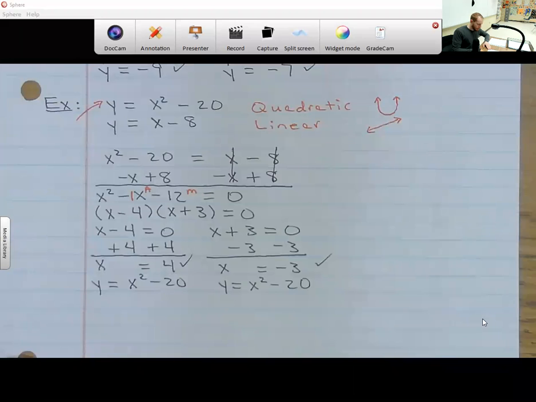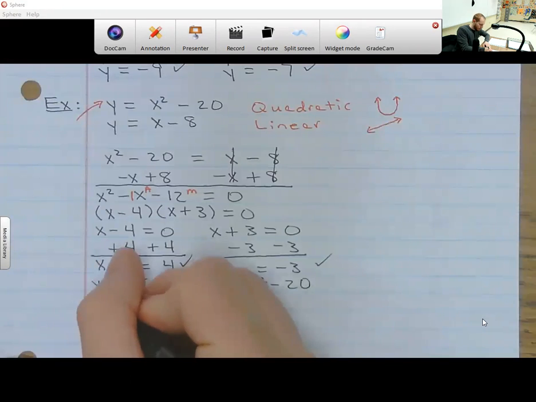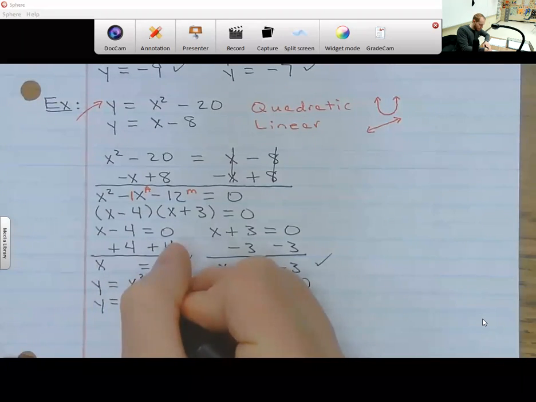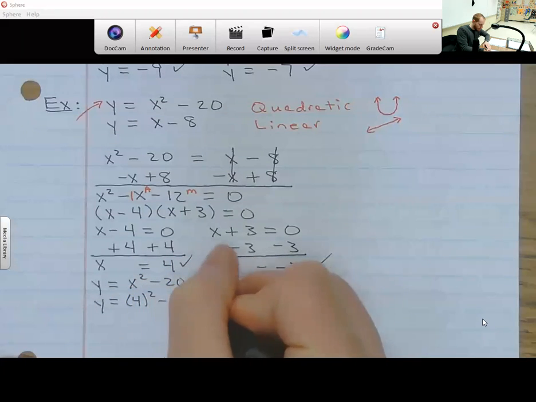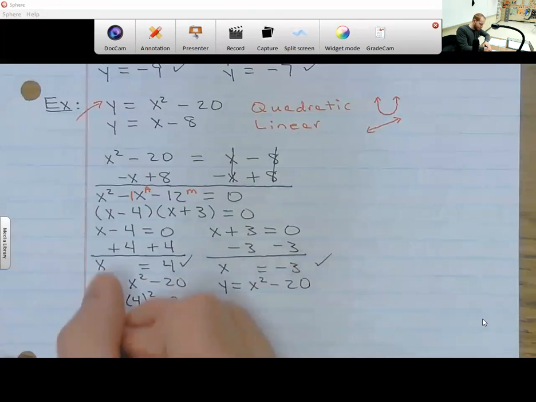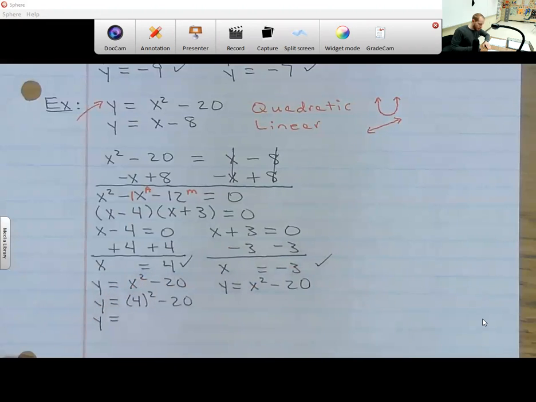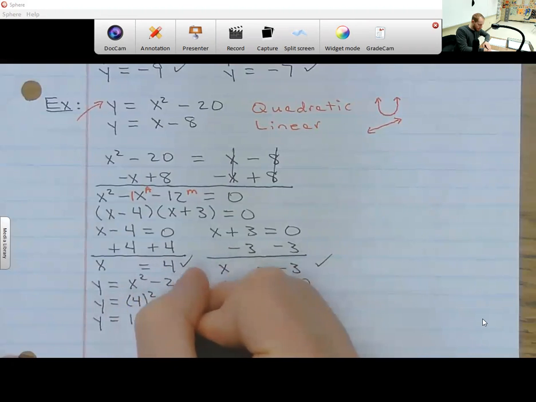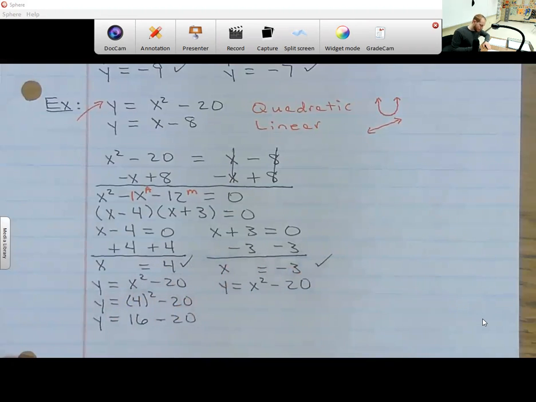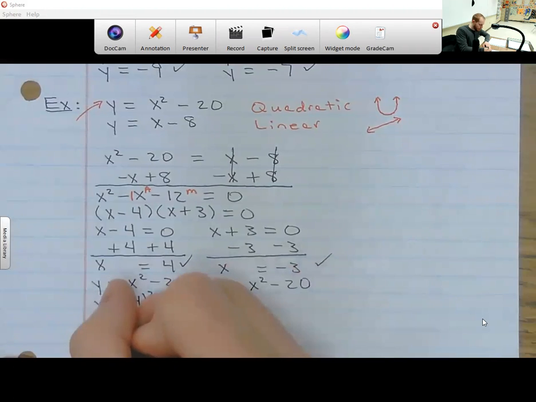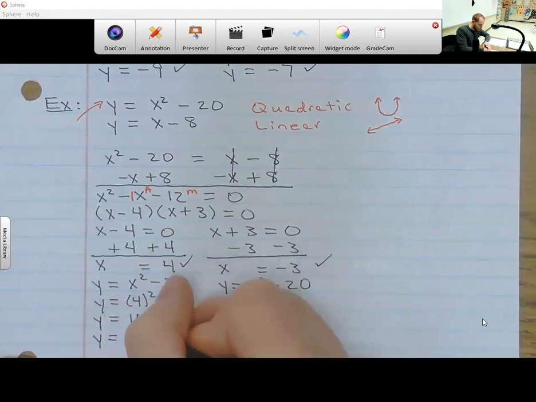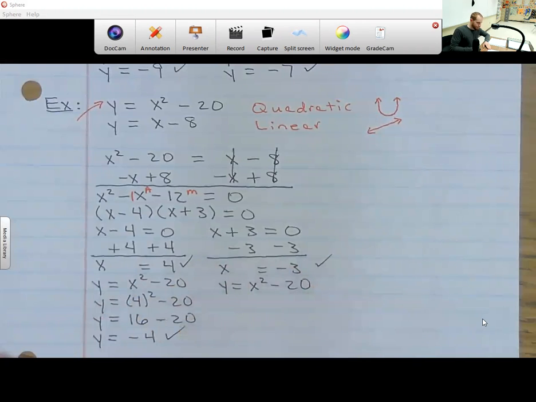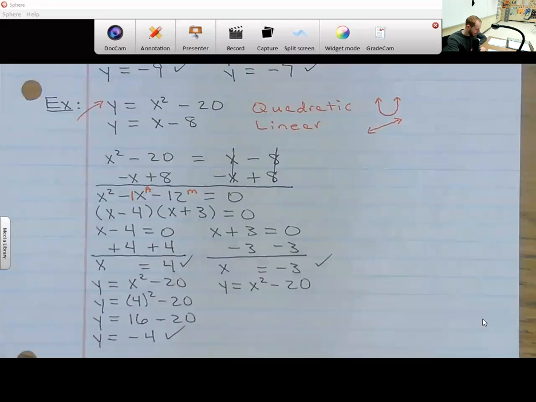So my x is going to be 4 for the first one. I get 4 squared minus 20. I know that 4 squared is going to give me 16. And 16 minus 20 is negative 4. Over on the right side, I'm going to let my x be negative 3.